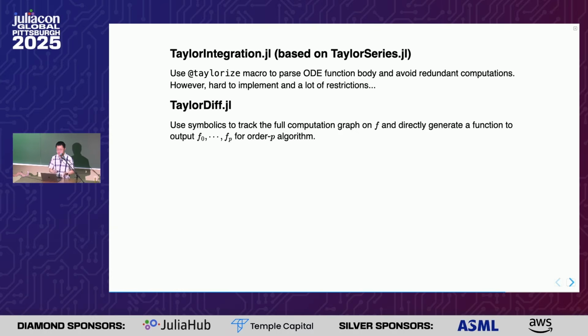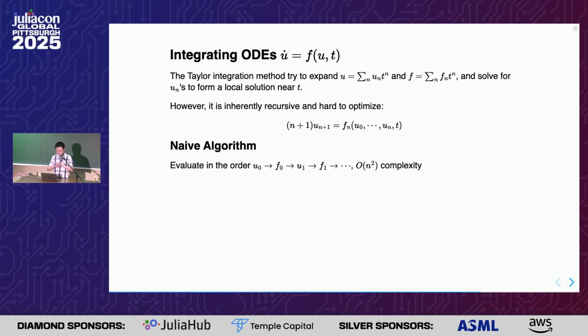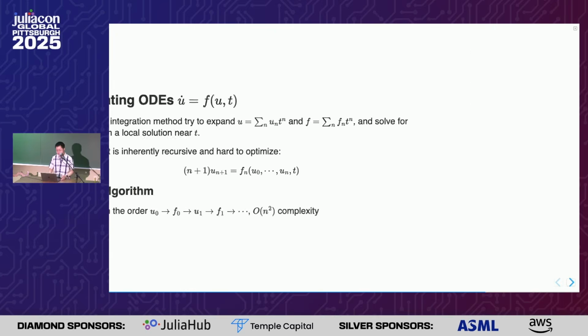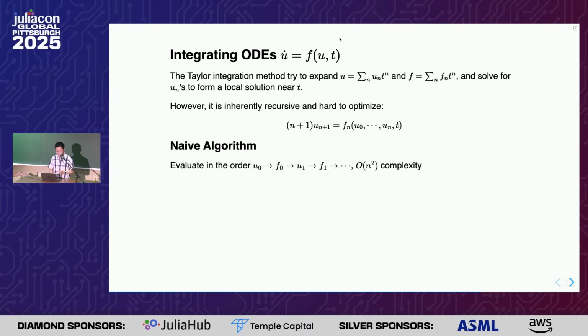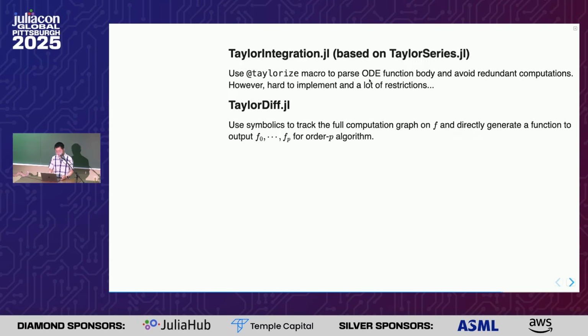So if you have an ODE function, you can manipulate it and handle this recursive definition explicitly and reduce all the redundant computations and redundant allocations to synthesize a more efficient function body to compute all the coefficients un, so that you get a local solution near time t.